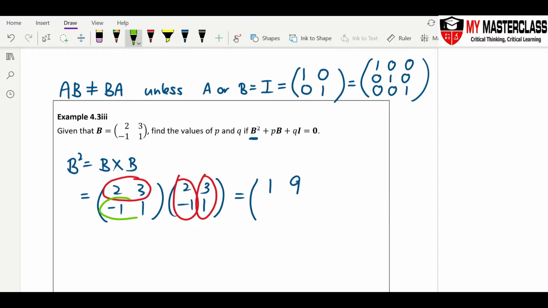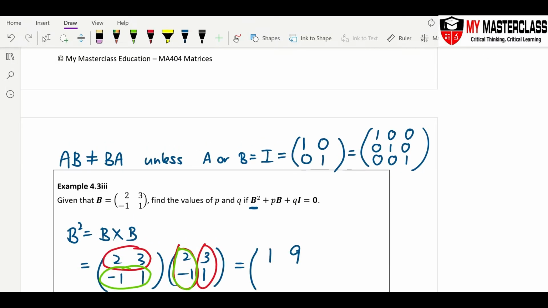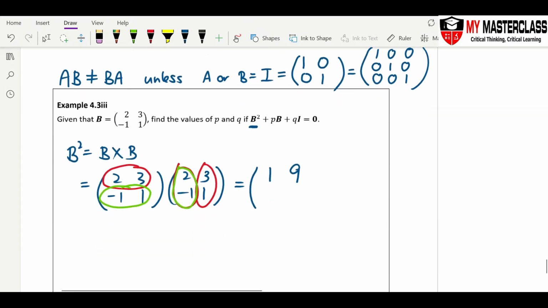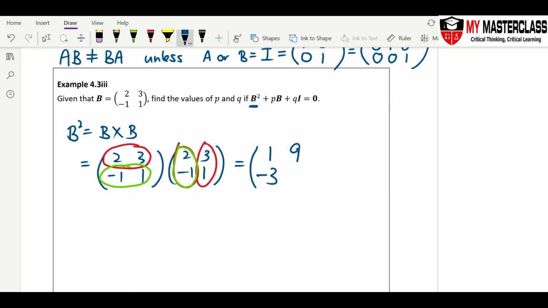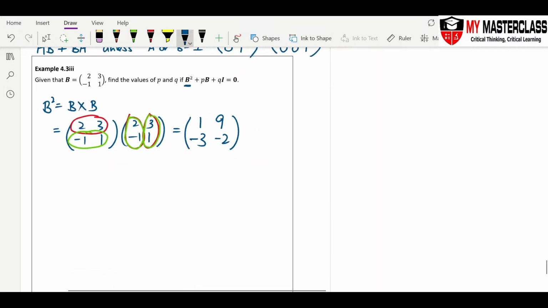Then second row, first column: 2 times negative 1, so negative 3. And the second row, second column: minus 3 plus 1, minus 2. So this is what you have for B squared. Do not just go and square each element, it is not correct.